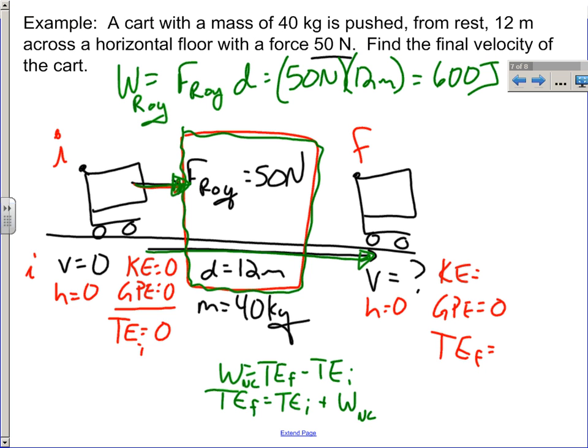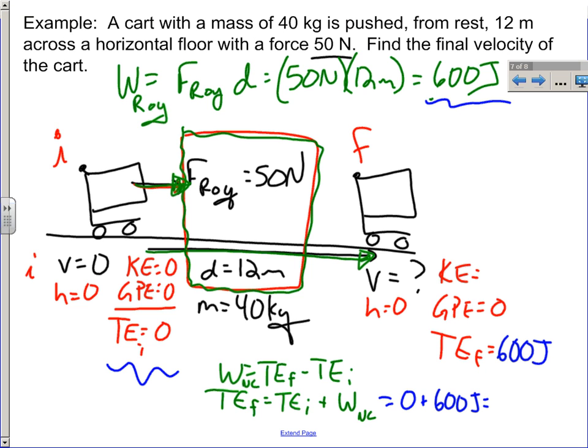The total energy is not staying the same because Roy did work. Work represents how much energy Roy gave the box. So the box started out with no energy, and then Roy did 600 joules of work. So the total energy final is what we started with, 0, plus the 600 joules of work that Roy did. So my total energy final has to be 600 joules, right?